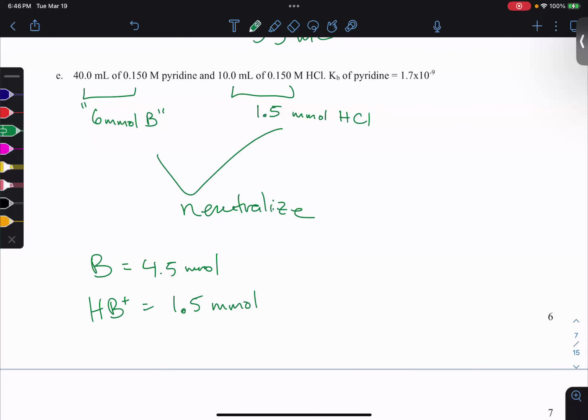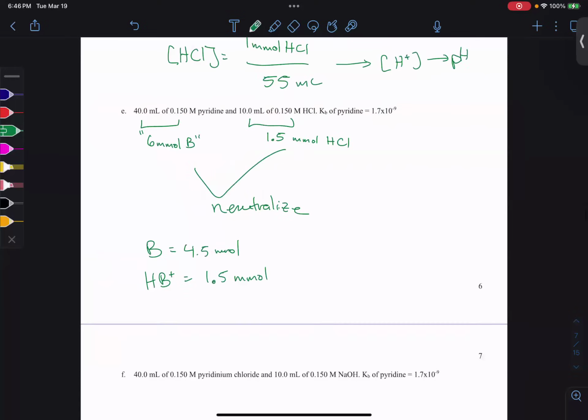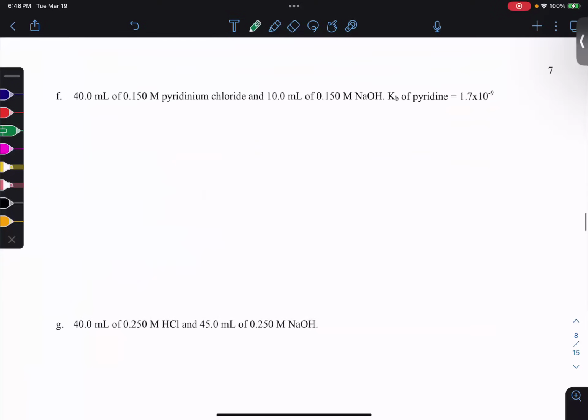A neutralization reaction happens when we have a strong acid or base being added, so this is like a titration. All right, pyridinium chloride and sodium hydroxide. So what are the amounts? 6 millimoles of pyridinium chloride. Is that a base or an acid?